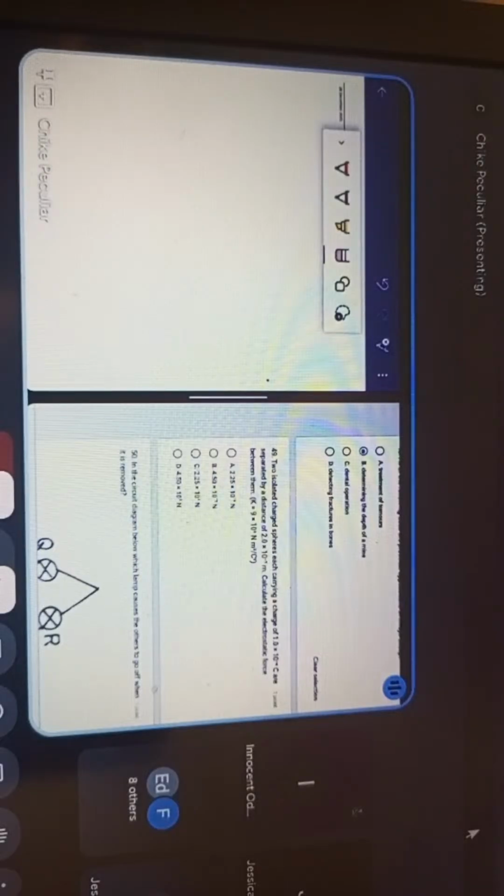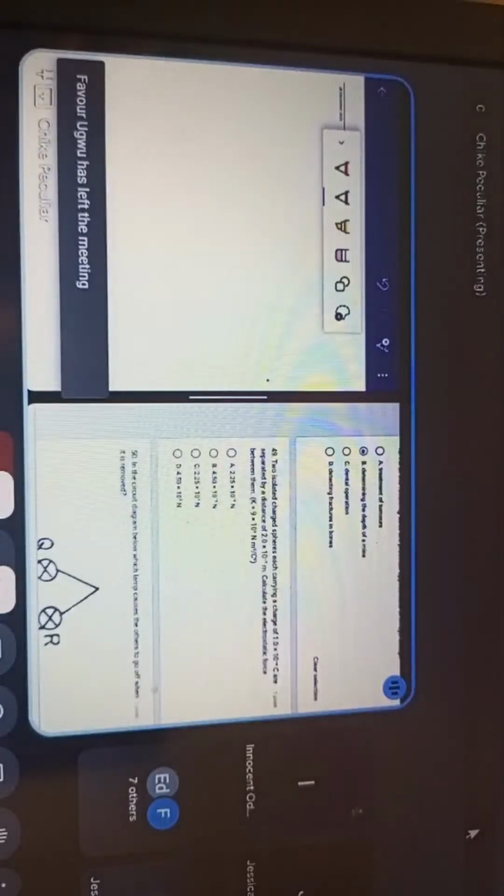First of all, what law are we going to use? At least let's show an idea. What are we going to use to solve this? What idea or law are we going to use? Do we know the answer? What idea or law are we going to use to solve question 49?